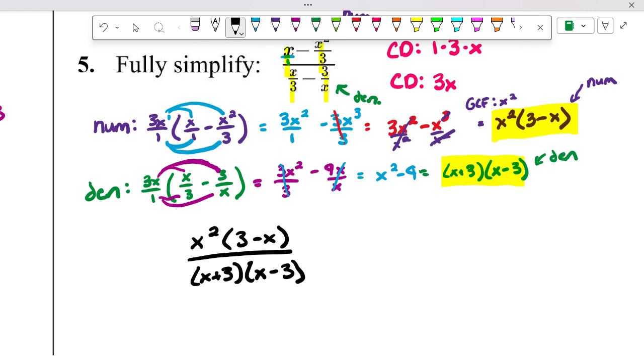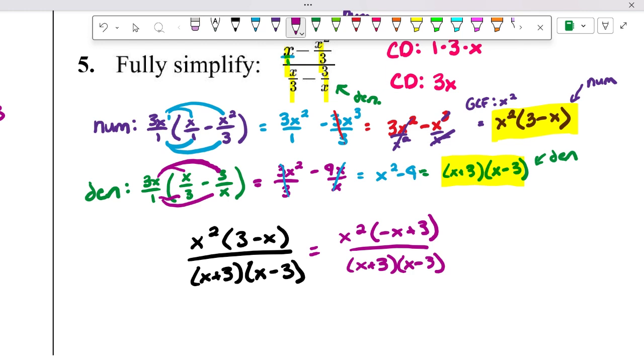If you rewrote it, putting the x first in the top, this would be x squared times negative x plus 3, because you got to keep the signs consistent, all over x plus 3, x minus 3. However, I could make this look like this. How would I have to do that, though? Right.